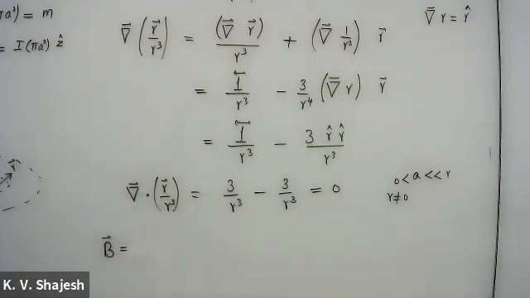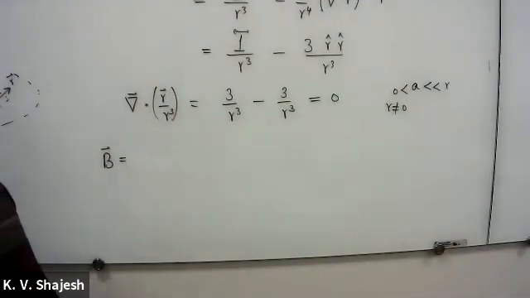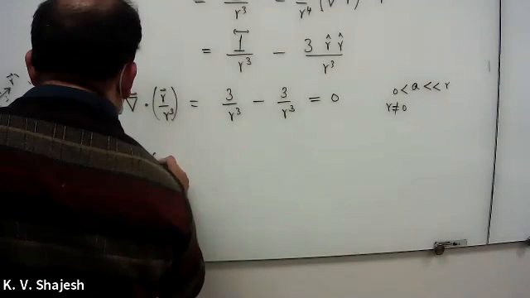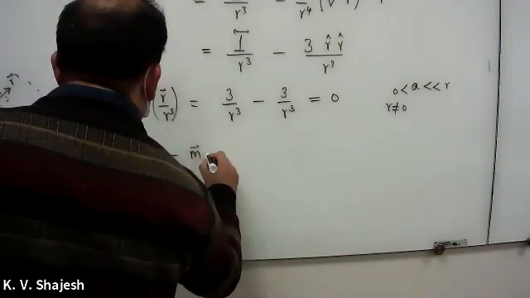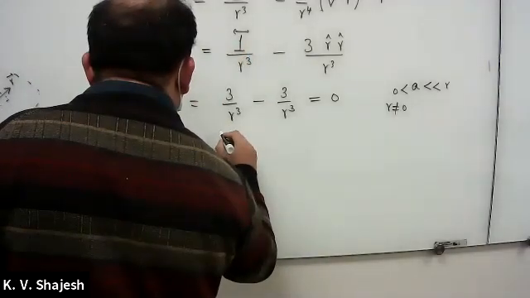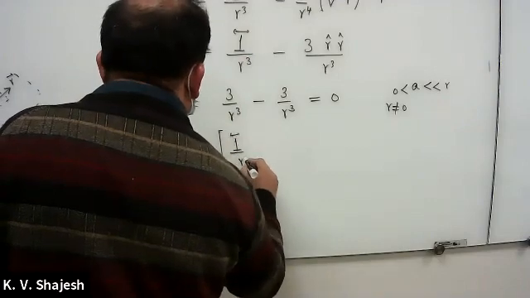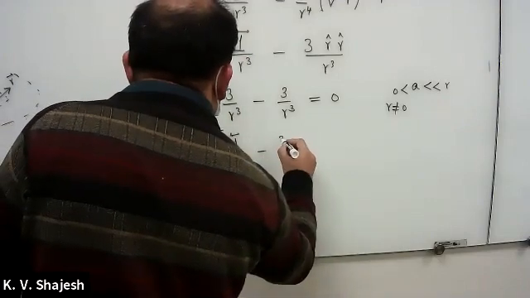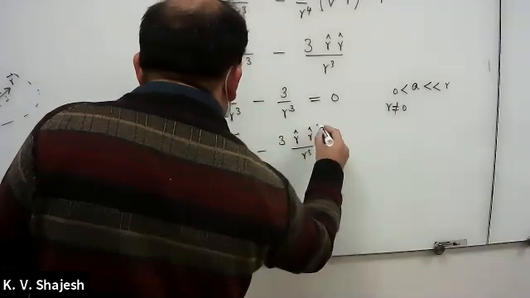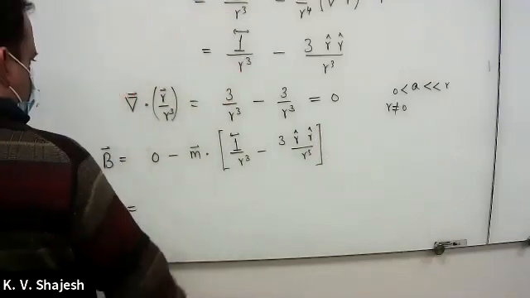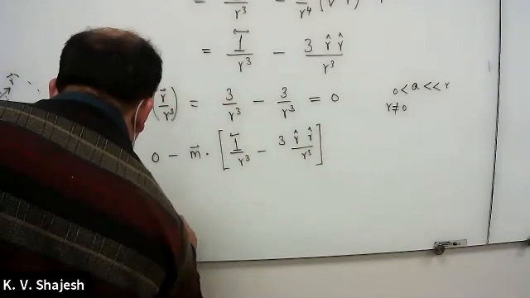Magnetic field now is, substitute this back in there. So the first term is 0 minus of m dotted with this quantity, so it's 1 over r cube minus 3 vector r hat over r cube. That's the same as m dotted with r, so this is 1 over r cube.